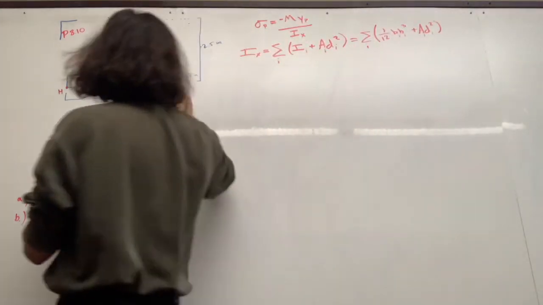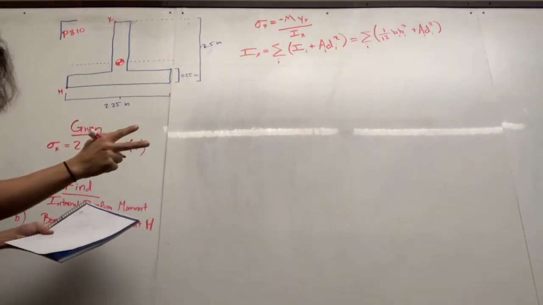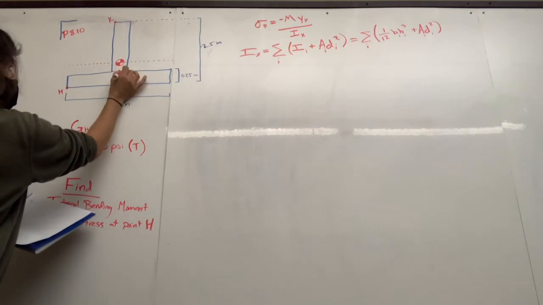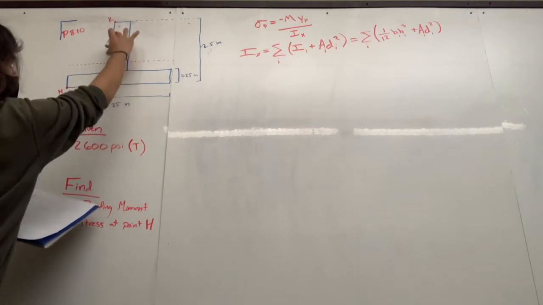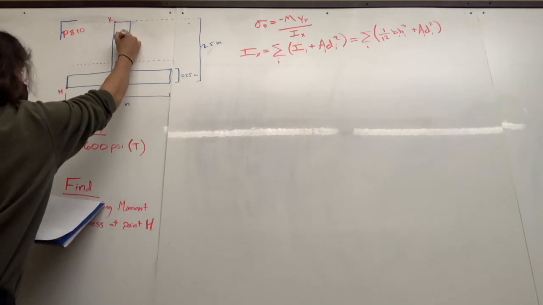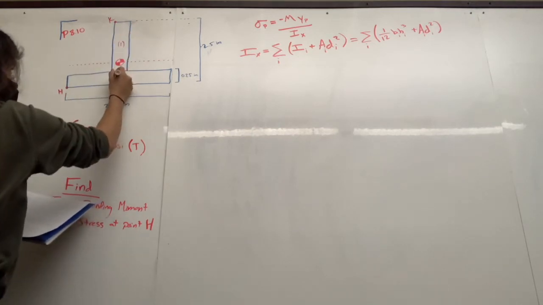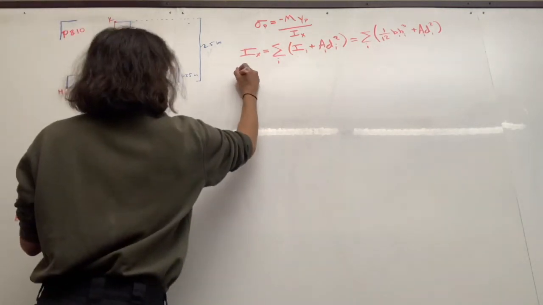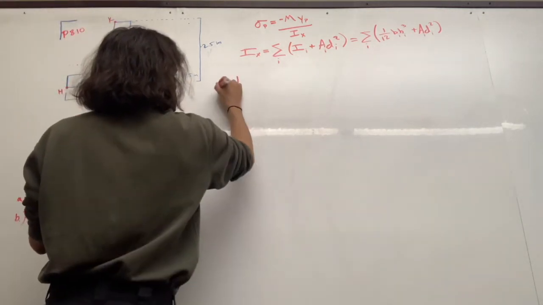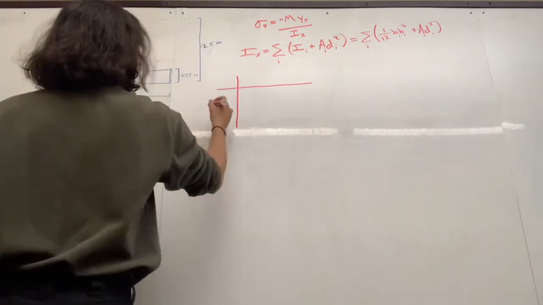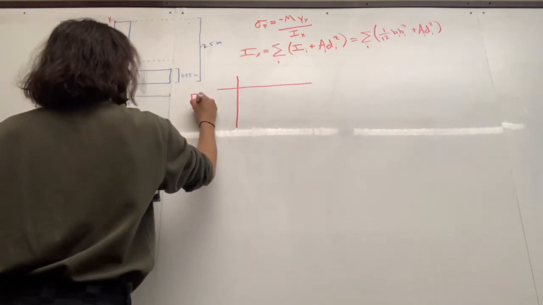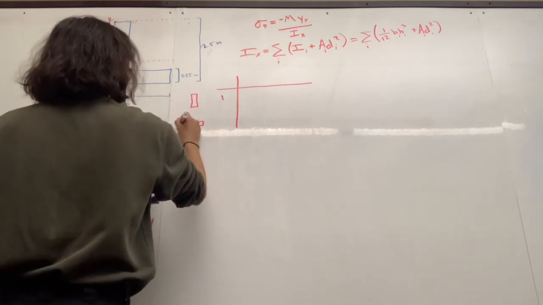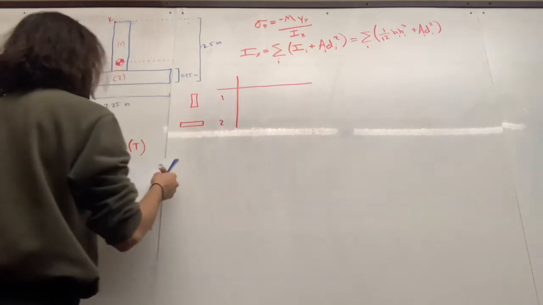So we break this shape into two different rectangles, and we'll say that this is where we're going to separate them. We'll call this 1, and we'll call this 2. So then we'll make a table for the two different shapes. We have this long rectangle, that's going to be 1, and then this wide rectangle is going to be 2.